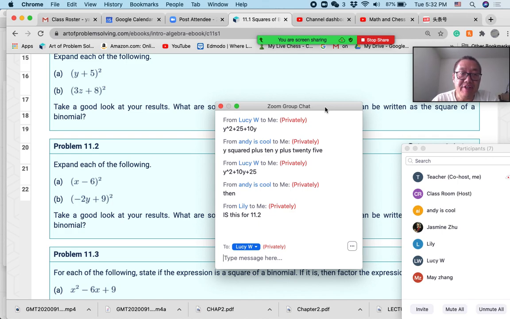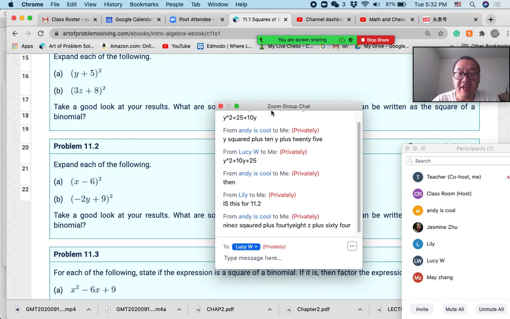Lily, you mean we already finished this section? 11.1a. Yeah, 11.1a. This one is for 11.1a. You don't need to send that one yet because we have not finished this one.